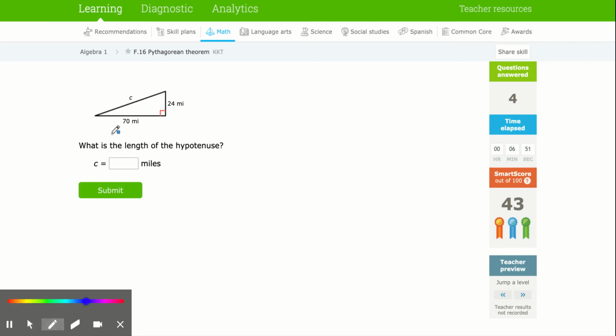So again, all I do is square that side, get 4,900, square the 24, and I get 576. Add that to the 4,900, and then I square root, and I get 74.